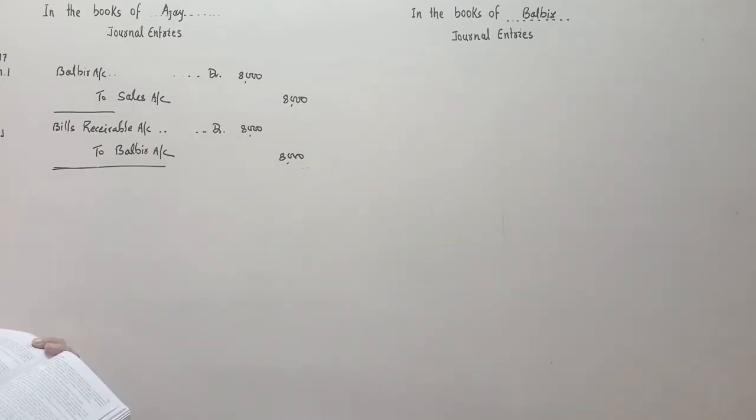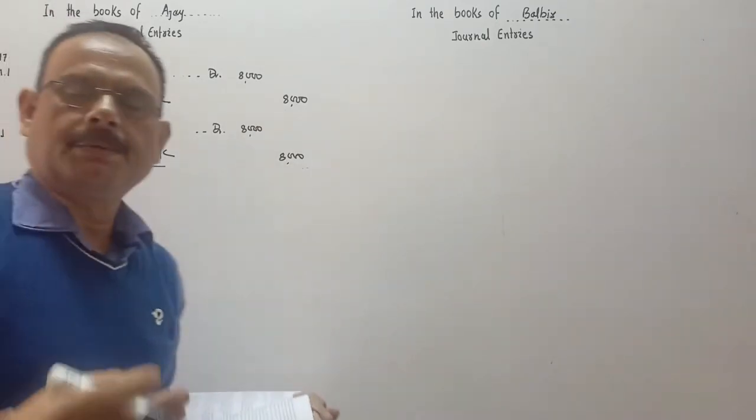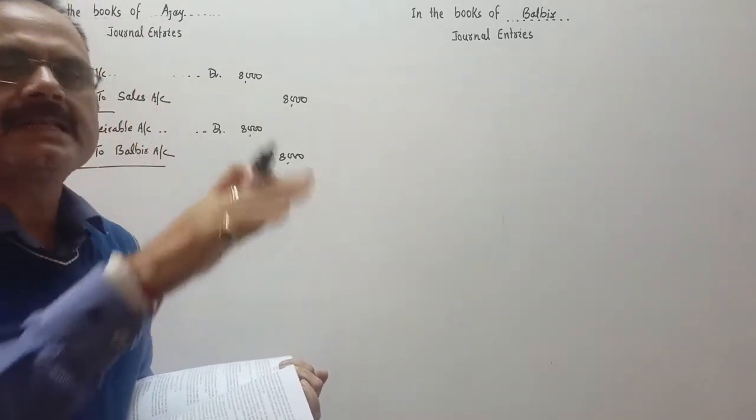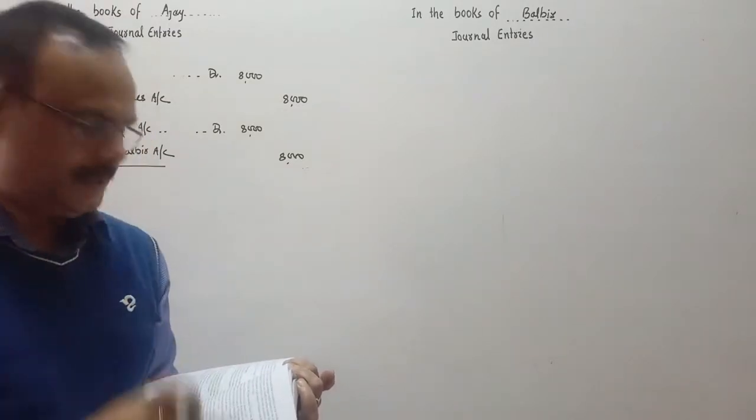Having surplus fund, Balbir paid off the bill on 4th March. On March 4, Balbir is going to pay the amount because of surplus fund. Balbir has a surplus fund and wants to settle this amount before the due date. So what is the due date?